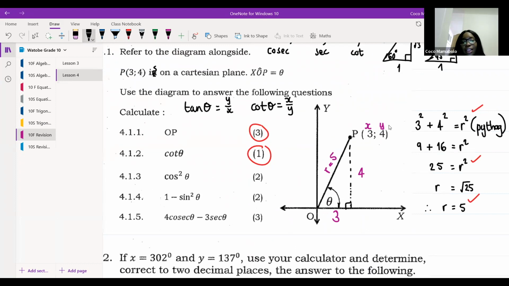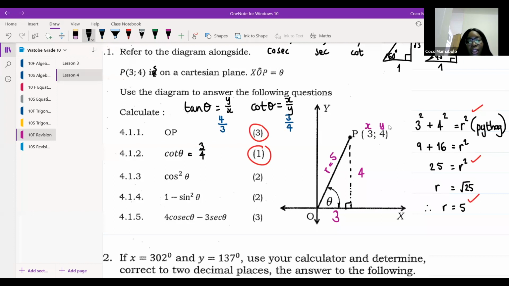Okay, so Karen, the way that you've written it, 100%. So my y value would have been 4 over my x value, which is 3. So my cot of theta would be x over y, which would be 3 over 4. So that's the answer we're looking for here. Cot of theta is equal to 3 over 4.